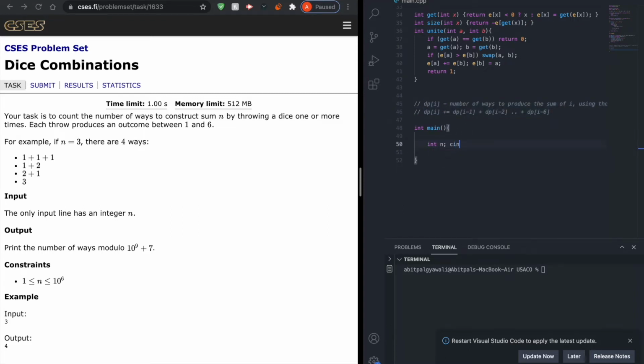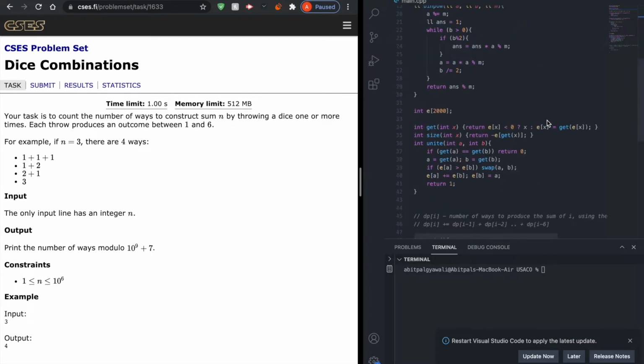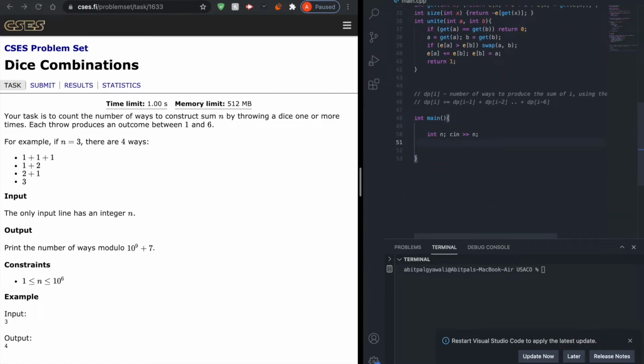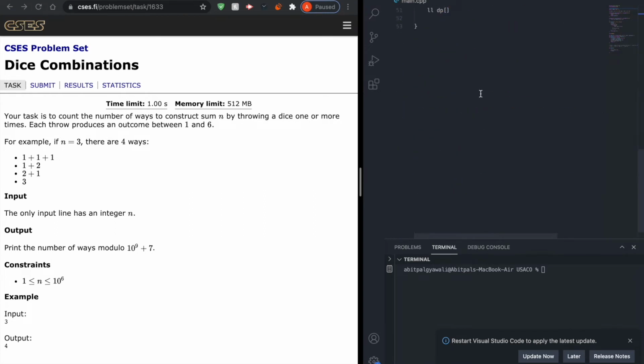So int n, cin n, and then I've stored mod to be 10 to the power of 9 plus 7. Then I'll do long dp, where LL is just short for long long, with size n plus 1.